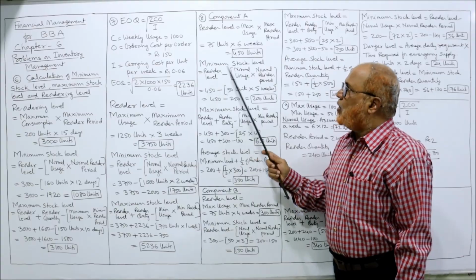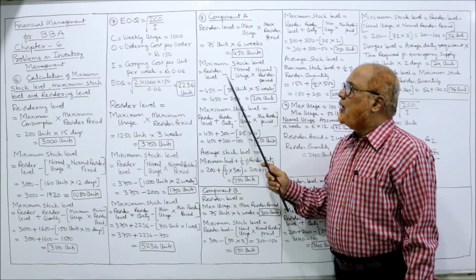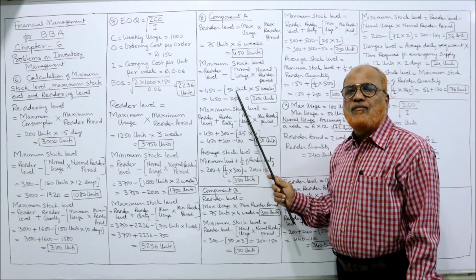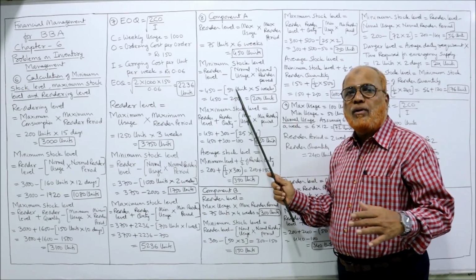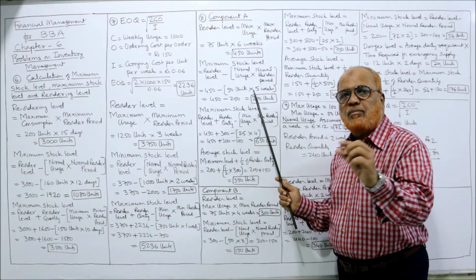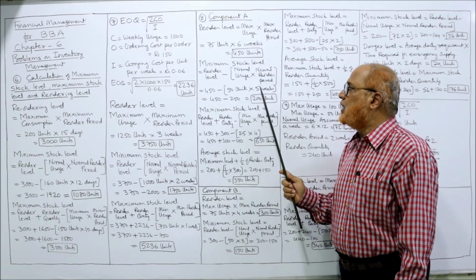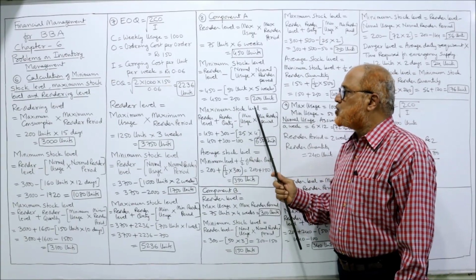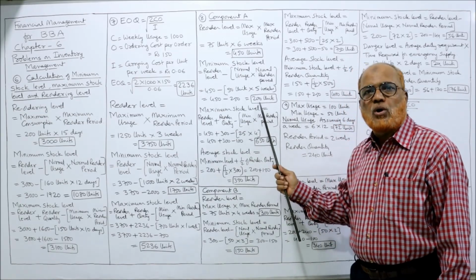Reorder level we have already calculated, 450. Normal usage given in the problem is 50 units and normal reorder period is 5 weeks, minimum plus maximum divided by 2, you will get 5 weeks. So 450 minus 250, 200 units is the minimum stock level.